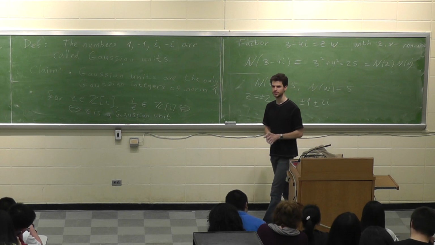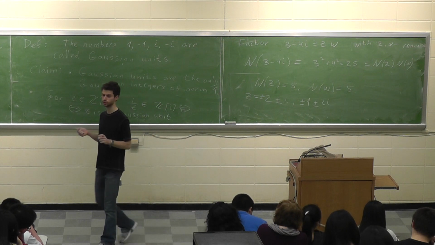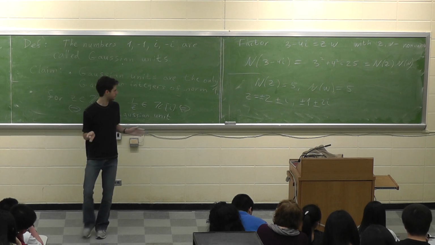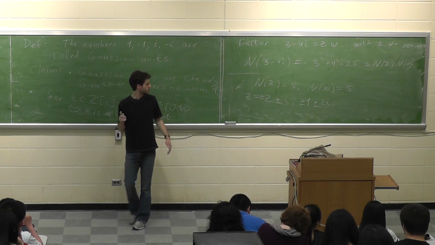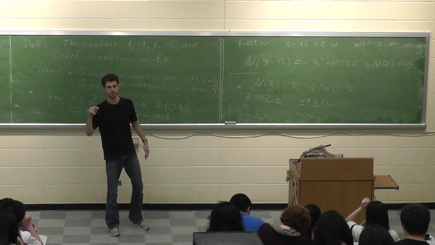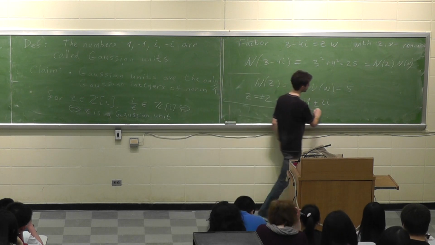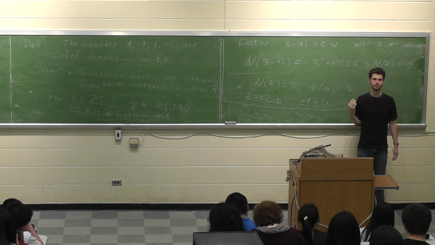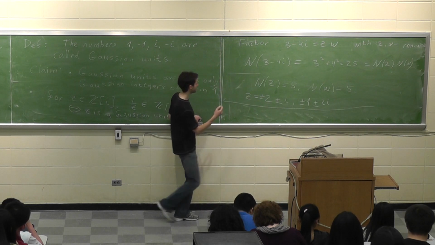Basically, it's not really 8 options, because up to multiplication by units, which you can always do, you can always multiply and divide by units, there are only 2 options: 2 plus i and 1 plus 2i. So basically, you can just try both of them. Take this number, divide by one of them, divide by the other. Let's start with the wrong one.